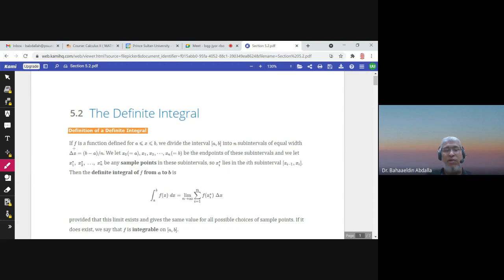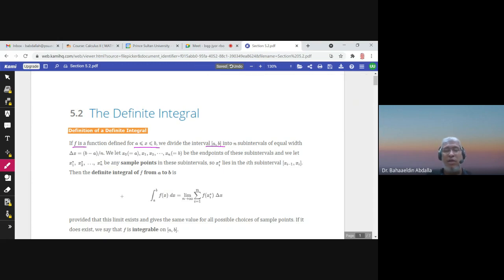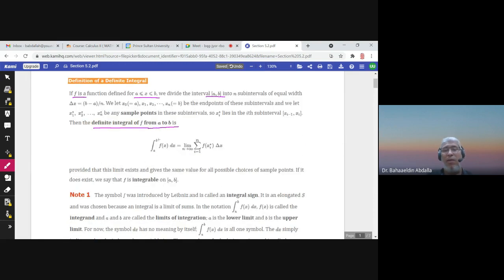If we have a function f defined on an interval from a to b, we will define the definite integral of f from a to b, the integral from a to b of f of x dx, as equal to the limit of the sum that we defined in section 5.1.